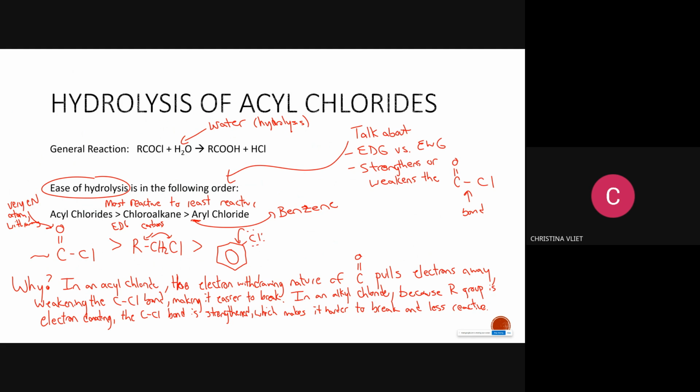So for the last one, the aryl chloride: chlorine's electrons actually get delocalized into the ring, meaning they become part of the pi bonding system. If they're all part of that system, it's going to make it less reactive because it's stable as is. So it strengthens that bond. It gets delocalized into the benzene ring.